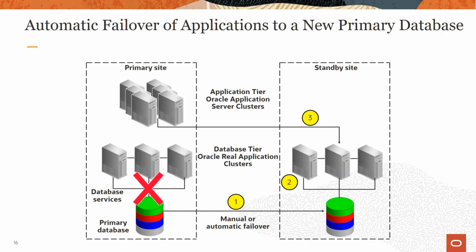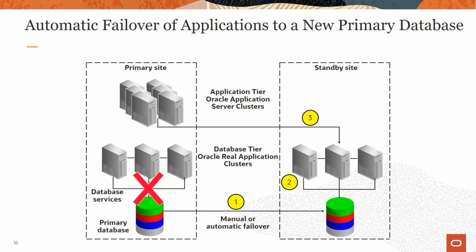So up to this point, we know a couple of things. At the database level, we can use role transition services to change the database role in case of planned maintenance or an unplanned outage.